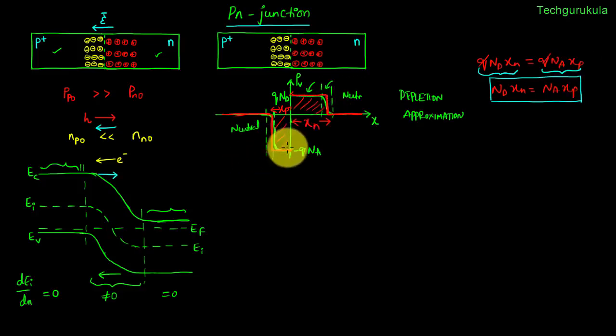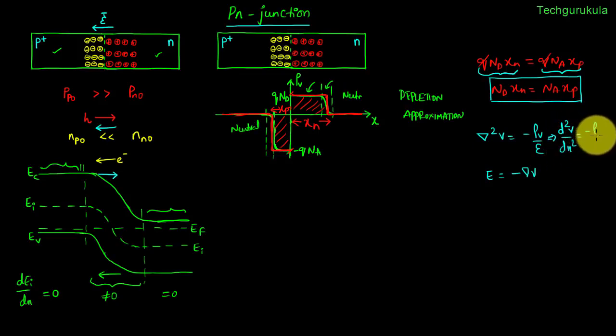Now, based on this depletion approximation, let us find the electric field inside the PN junction. Based on Poisson's equation, del square V is equal to minus rho V by epsilon, where potential is related to charge distribution, and potential is related to electric field as E is equal to minus del V. In single variable form, we can write these expressions as d square V over dx square is equal to minus rho V by epsilon, and electric field is equal to minus dV by dx.